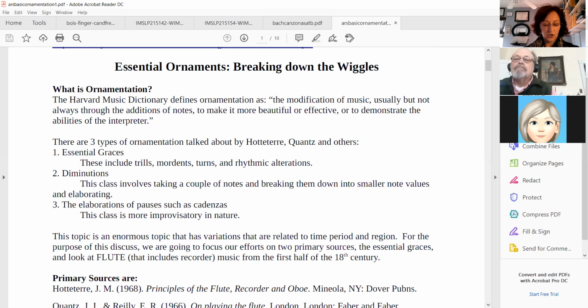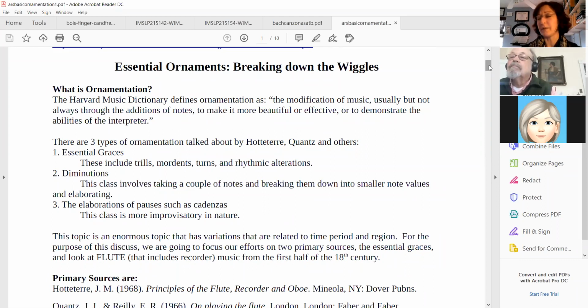It's called diminutions. You take a couple of notes and you wind up breaking them down and making tons and tons of more notes. And the third class is almost pure improvisation, such as what you would do for a cadenza, and we aren't going anywhere near that today, so no worries.